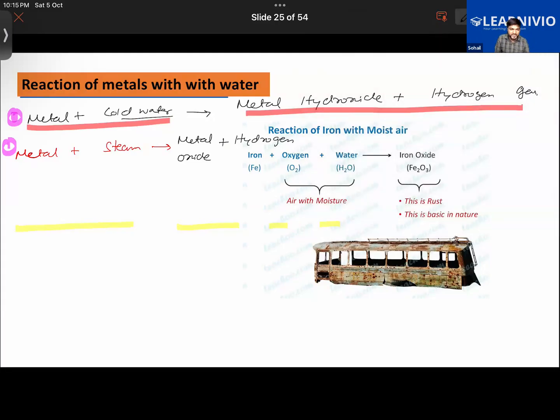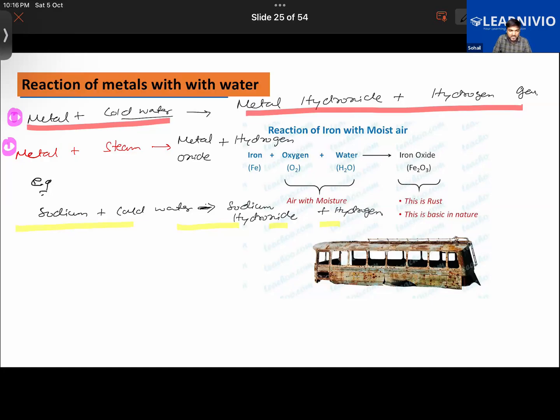Take for example, consider the example of sodium, which is a very reactive metal, as we know. Sodium can react with even cold water, and as a result of that, it will give a metal hydroxide. That will be sodium hydroxide. Along with this, hydrogen gas is also released.